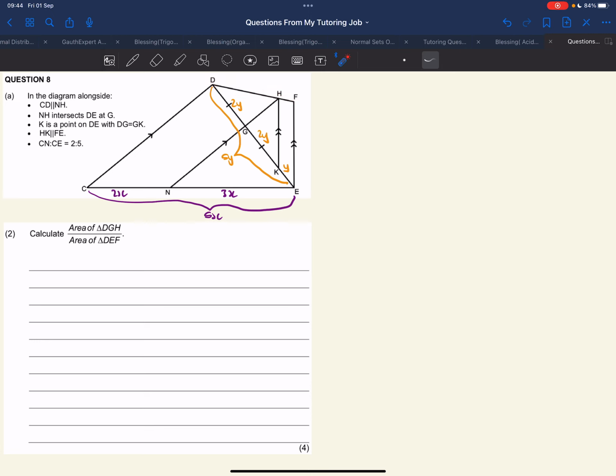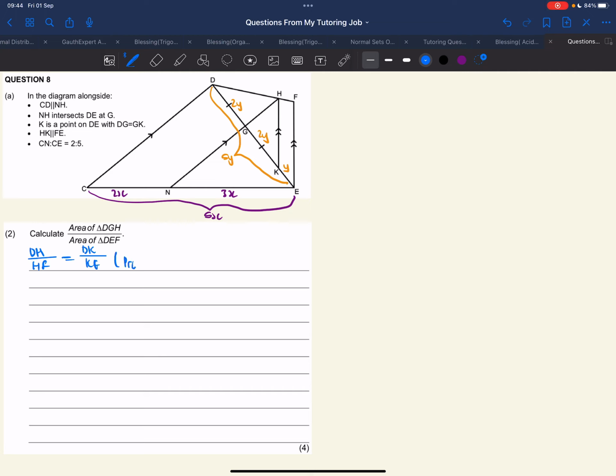Now to find those sides, we're going to use the proportionality theorem. The proportionality theorem means that DH over HF is going to be equal to DK over KE.